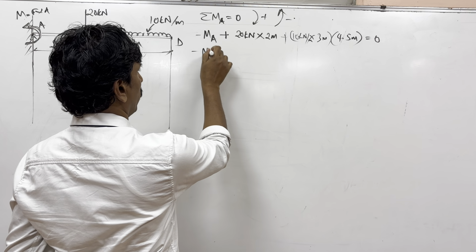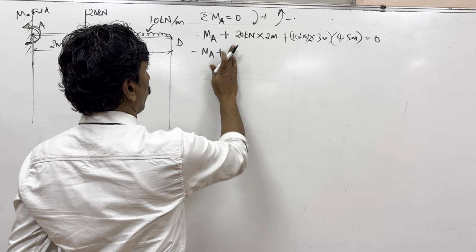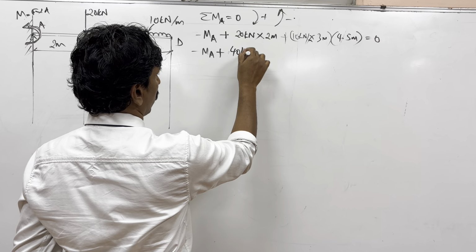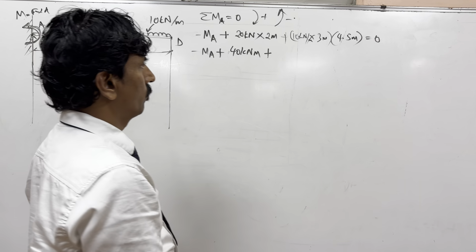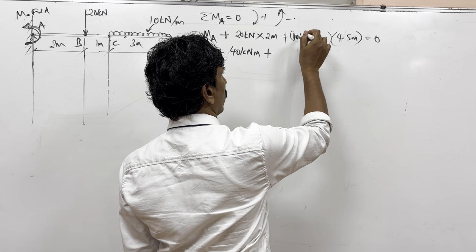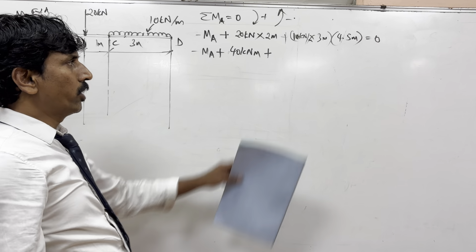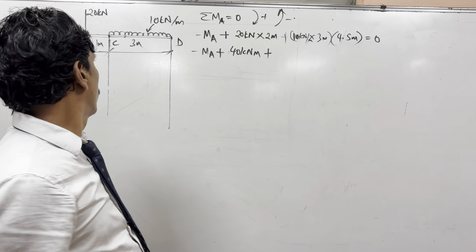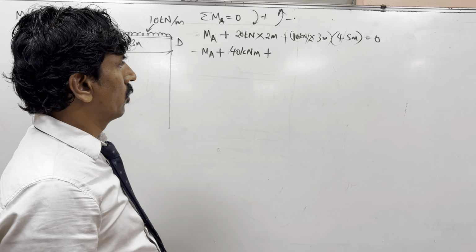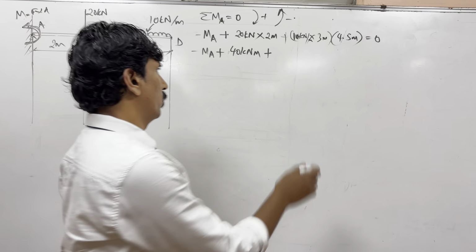So here minus MA, so that is plus 40 kilonewton meter, and plus 30 into 4.5, which is 135.